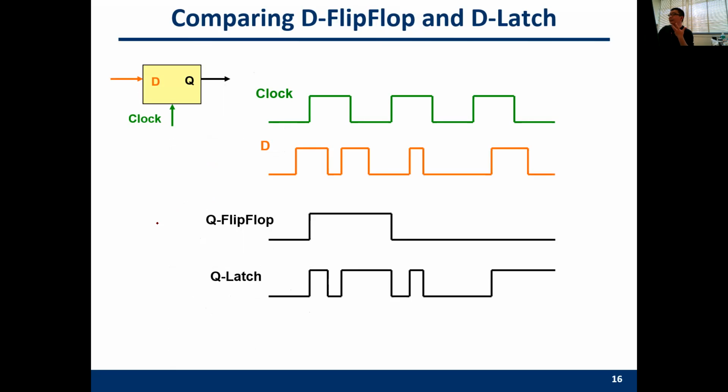So this is the waveform of a D flip-flop. You can see we have a clock here and we have the input D here. And then everything is only triggered by the rising edge. So the D flip-flop is only sensitive when the clock changes from 0 to 1.